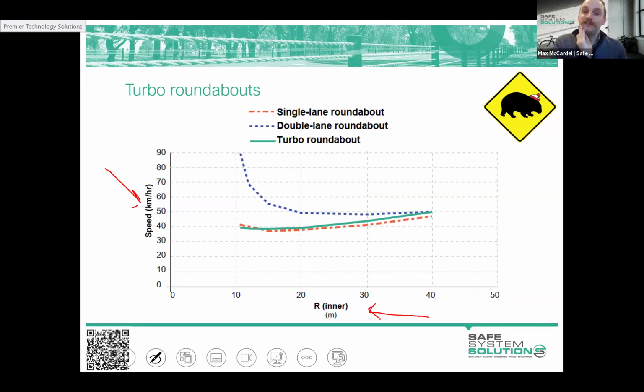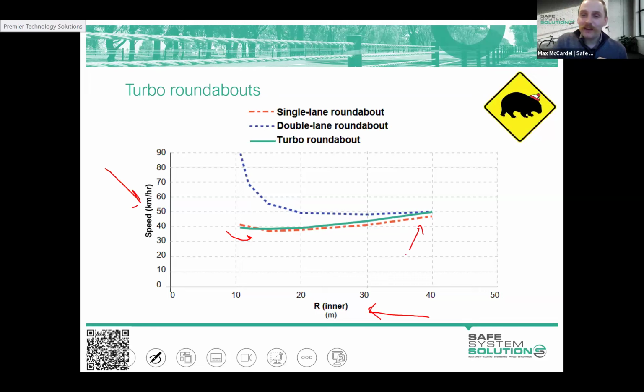So for a single lane or a turbo roundabout, I'll show you the turbo in a second, generally, if you've got a smaller radius or a larger radius, it's still quite good at influencing the speeds that can occur.